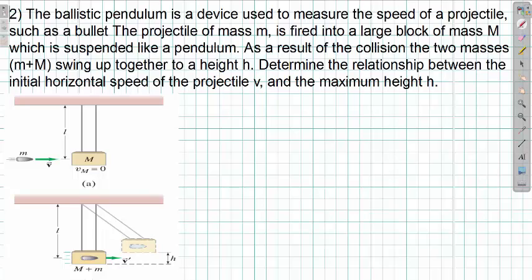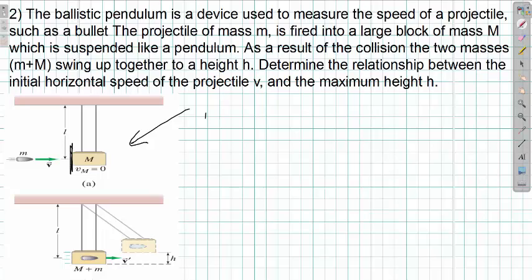Now this is a really cool concept because we're linking two concepts together: conservation of momentum and conservation of energy. If we look at this first situation, at the instant the bullet hits our ballistic pendulum, the momentum is going to be conserved. The P before is going to equal the P after.